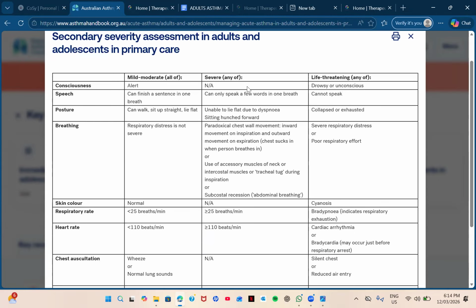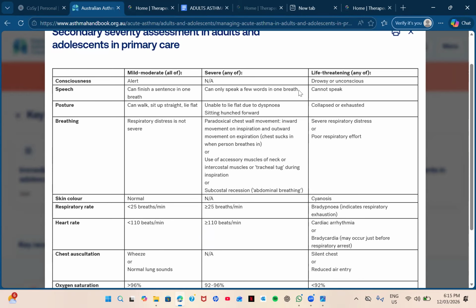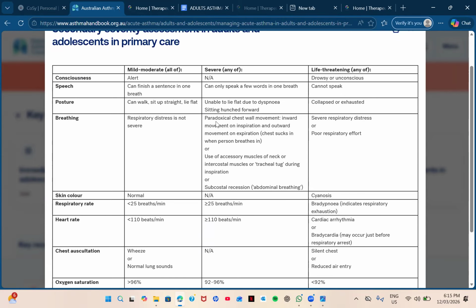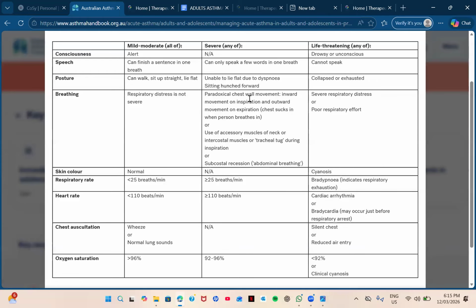So for severe cases, consciousness is not applicable, it can vary, right? Speech: can only speak a few words in one breath, unable to lie flat due to dyspnea, sitting hunched forward, paradoxical chest wall movement, inward movement on inspiration and outward movement on expiration, chest sucked in when the person breathes in.